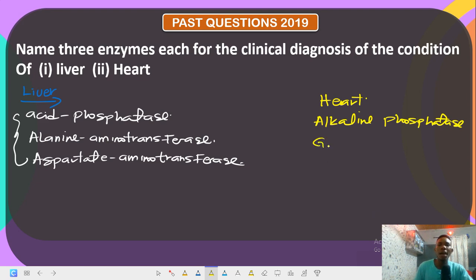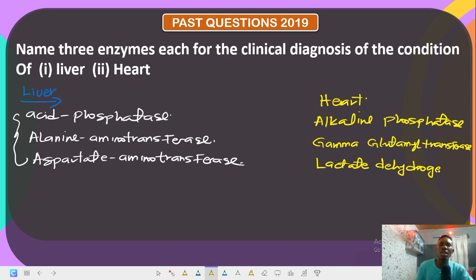Then we also have gamma glutamyl transferase, which is also for the heart. And then we have lactate dehydrogenase, also for the heart. So these are the 3 enzymes for clinical diagnosis of heart issues.